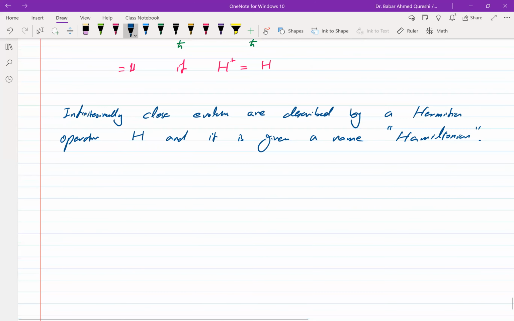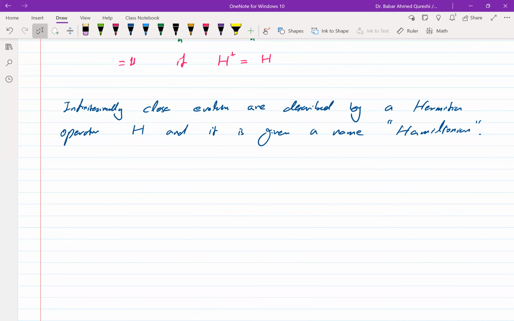Now, we can see its effect on a state vector. As I said, this should be able to act on any state vector. So I start with a state vector at time t. This evolves it and changes it to the state vector at time t plus epsilon.